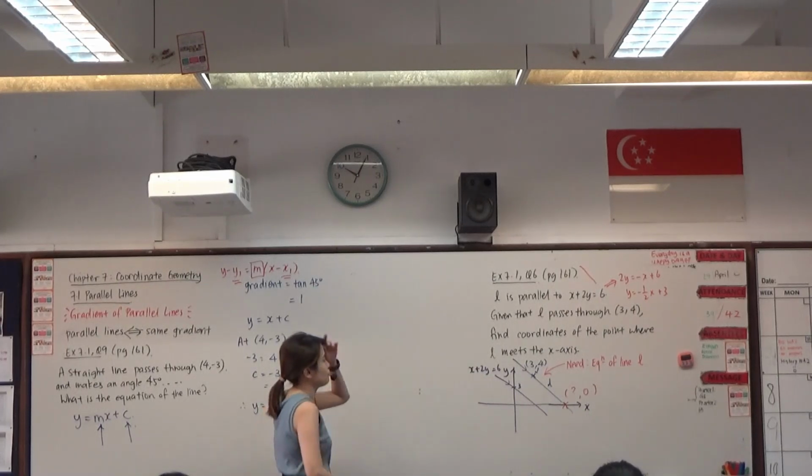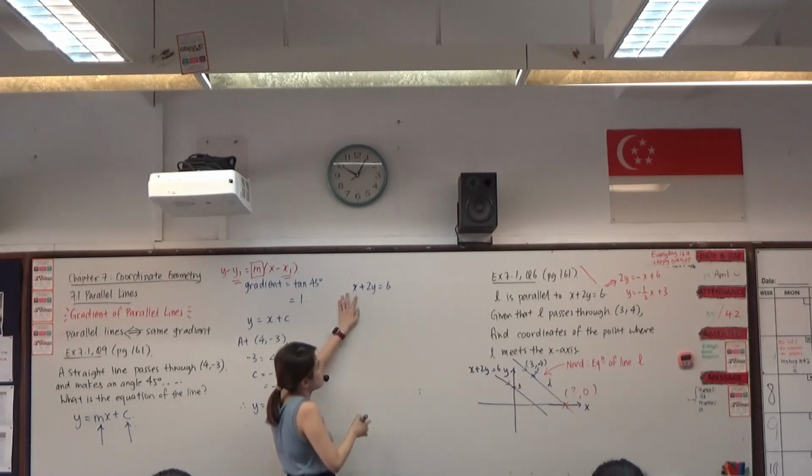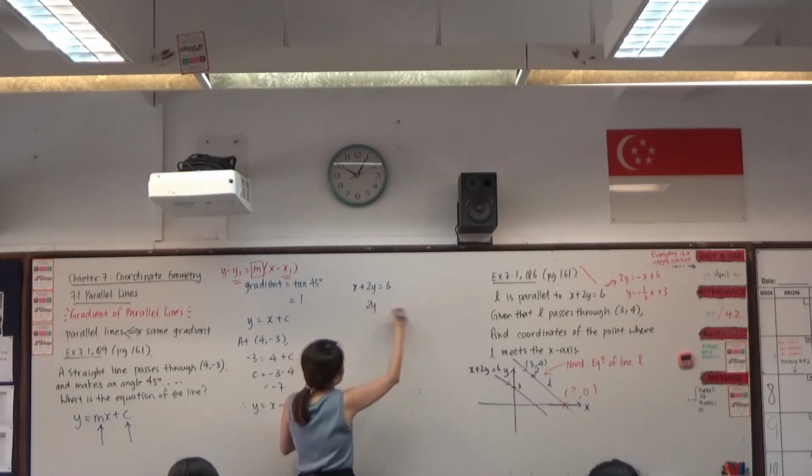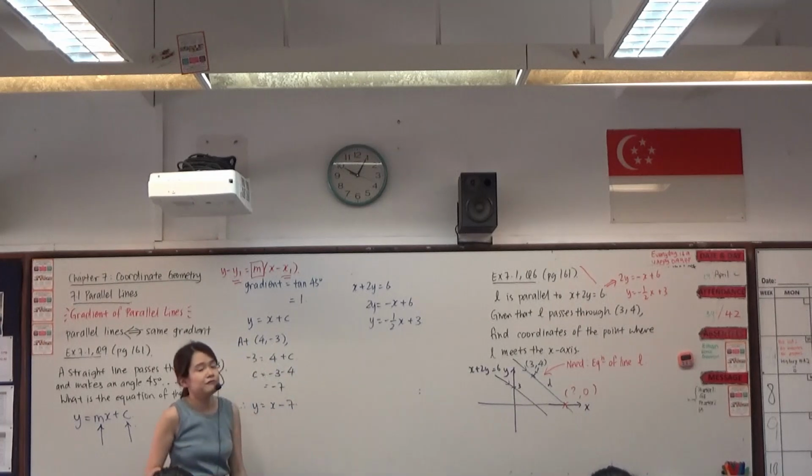We find the equation of the straight line. So first the gradient. I'll just rewrite whatever I've written there earlier. So the gradient is negative half.